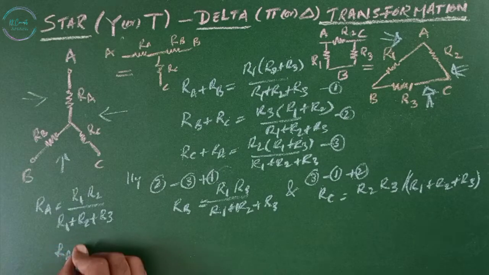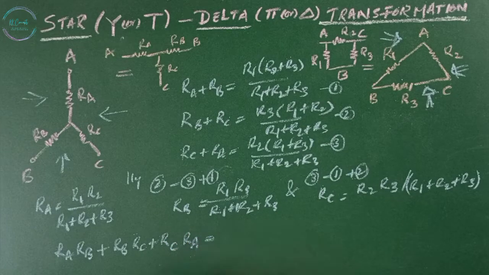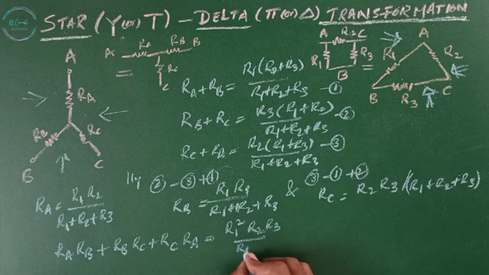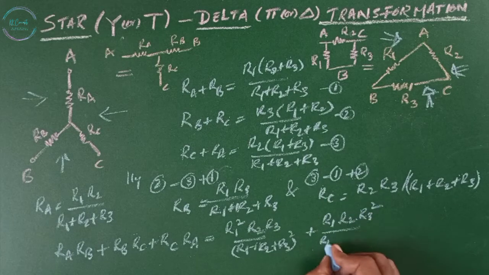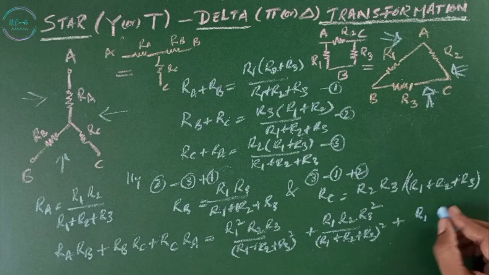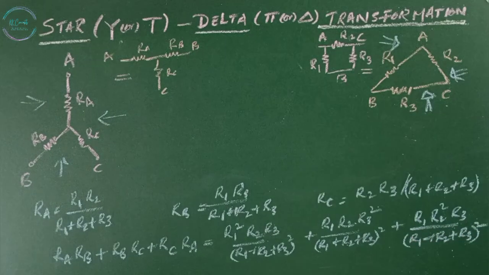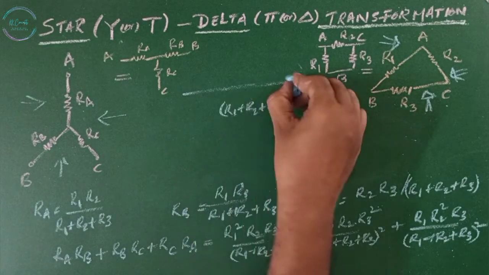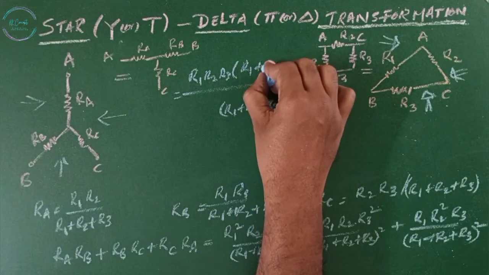For that, RA RB plus RB RC plus RC RA equals RA RB, that is R1 squared R2R3 divided by (R1 plus R2 plus R3) whole squared, plus, when you multiply these two, R1R2R3 squared divided by (R1 plus R2 plus R3) whole squared, plus, when you multiply these two, R1R2 squared R3 divided by (R1 plus R2 plus R3) whole squared. Now the LCM is (R1 plus R2 plus R3) whole squared. R1R2R3 is common, and we get R1 plus R2 plus R3.